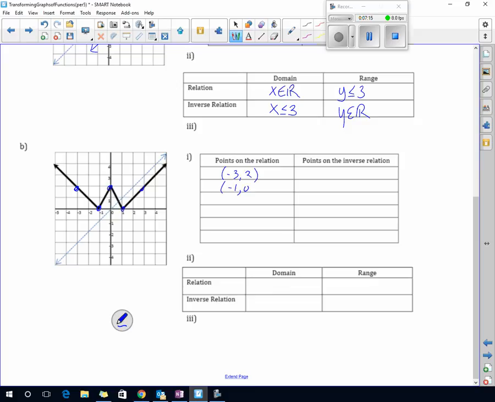So this becomes 2, -3. -1, 0 becomes 0, -1. Again, I would draw it as I go, just to make sure. 0, 2 becomes 2, 0. 1, 0 becomes 0, 1.